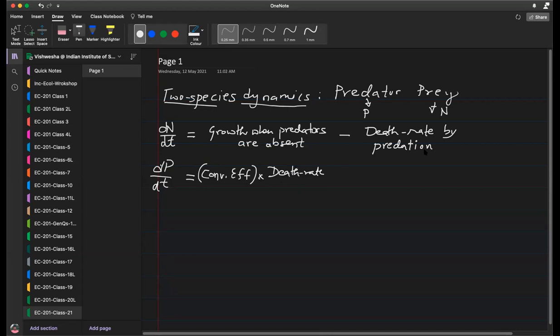A better way to put it: death rate by predation is the same as consumption by predators, right? Growth, minus death rate of predators. Is this fine, everyone?